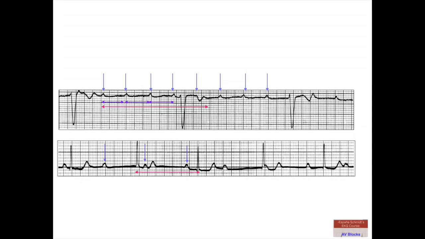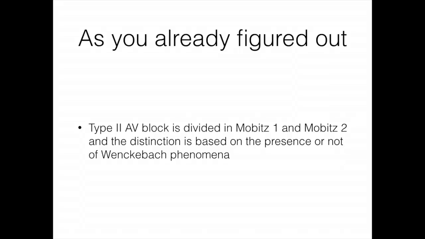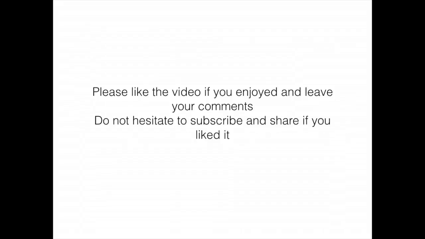This happens also down here, where we can see that the length of the RR interval has nothing to do with the length of the PP interval. As you already figured out, type 2 AV block is divided in Mobitz 1 and Mobitz 2, and the distinction is based on the presence or not of the Wenckebach phenomenon.